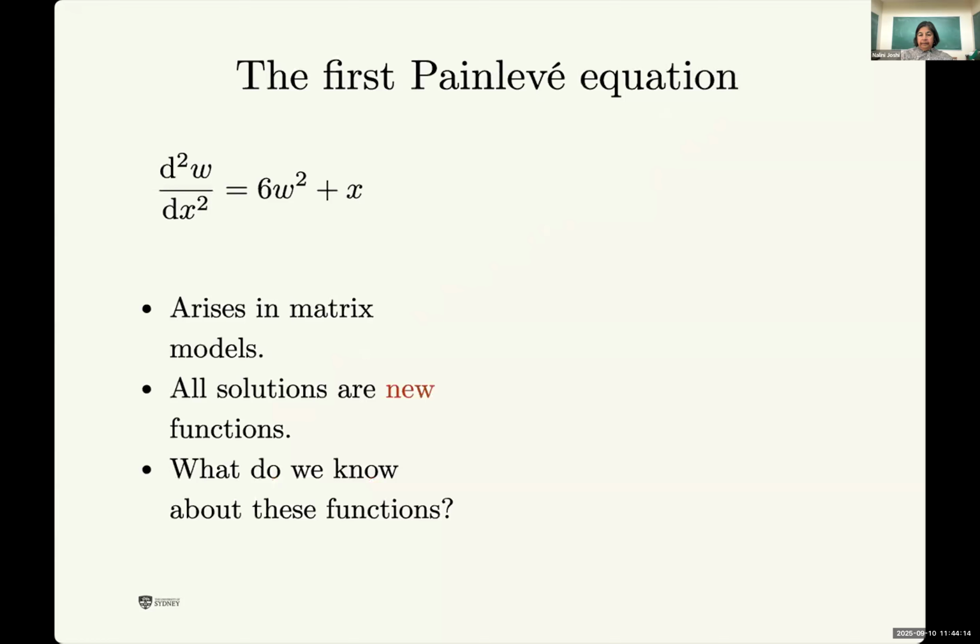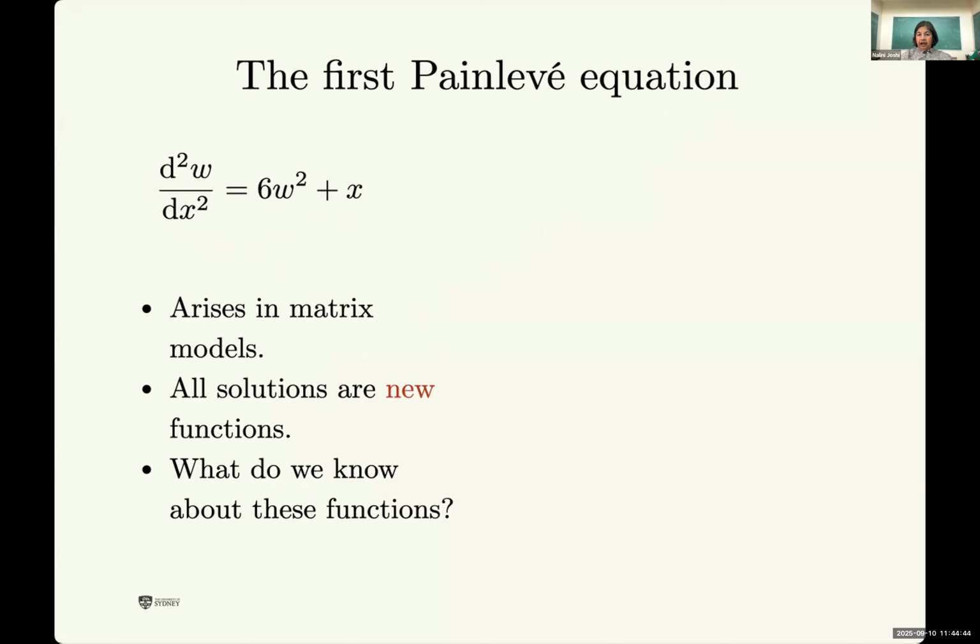So let me show you the first half of that story with the first Painlevé equation. Here it is, the ODE on the top left of the slide. This is the first Painlevé equation. Deceptively simple, but incredibly complicated. It is of interest in physics because it arises in many settings, including matrix models, quantum gravity, and so on.